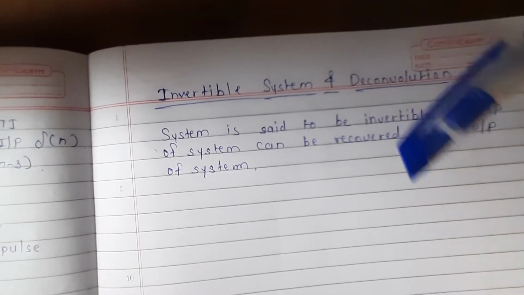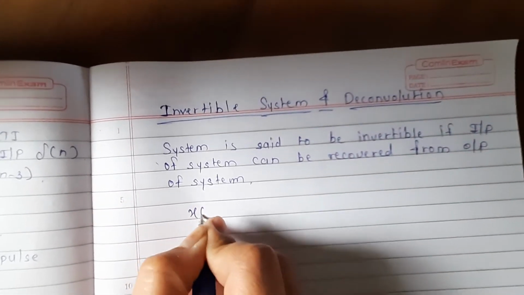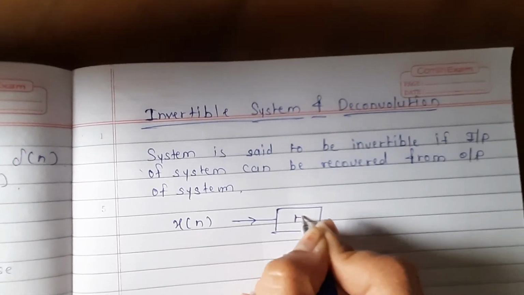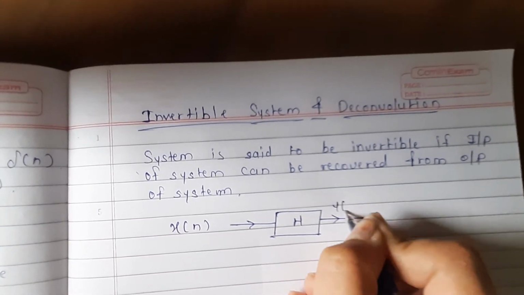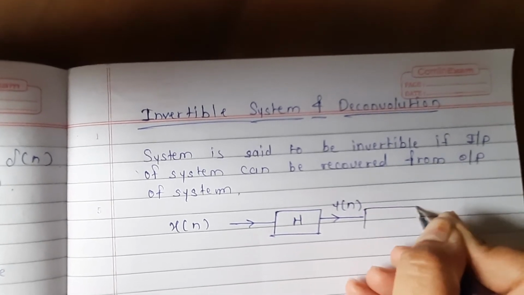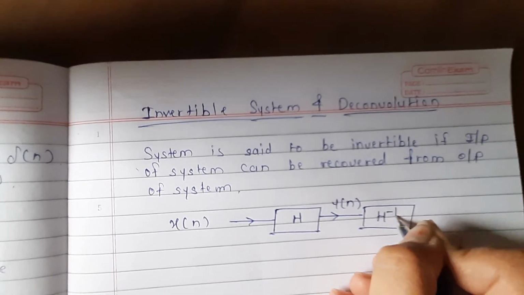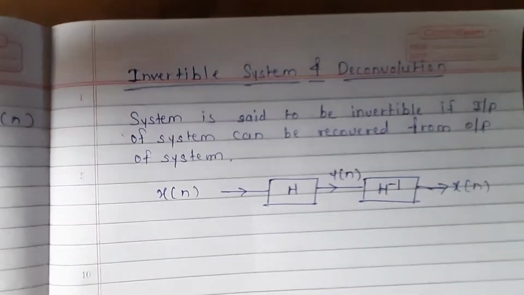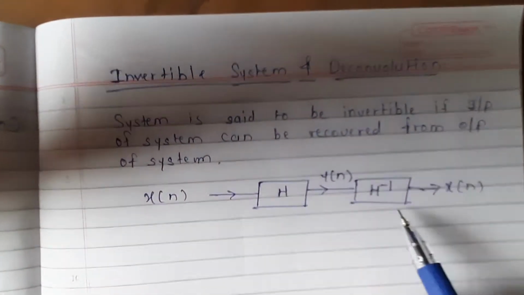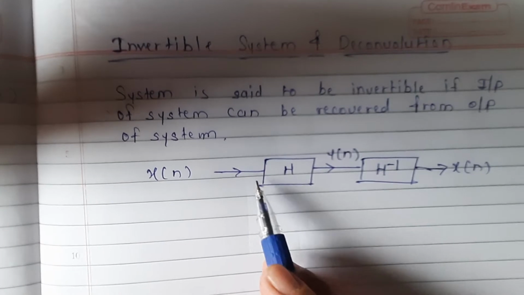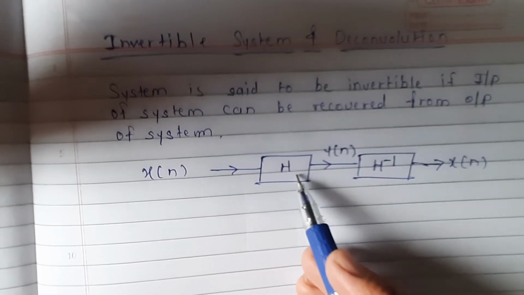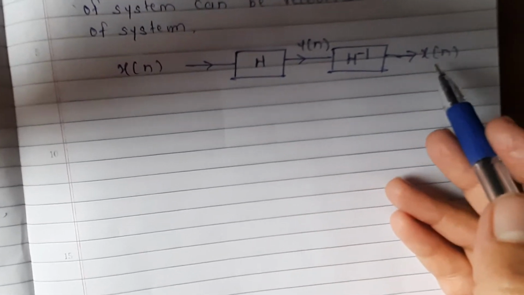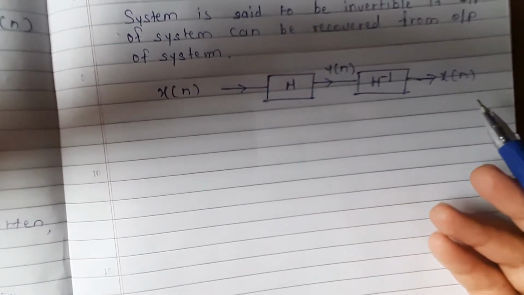So the block diagram for this is, suppose x of n is the input, it is given to the block. So here input is x of n, output is also x of n, but the output of the first block is y of n, which is given again to the invertible system. So we get the original input.